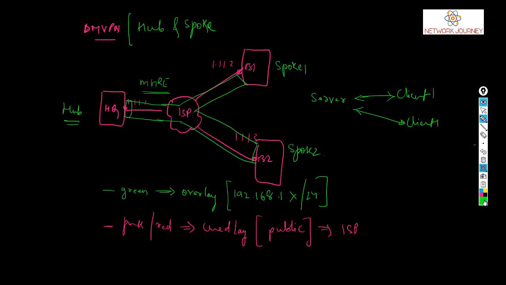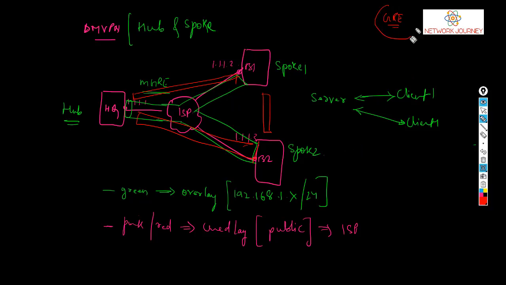What would be the scenario if I would have preferred the normal GRE tunnel? It would have been basically a point to point connection between all of them. You can see here I have 3 campuses, so I have 3 point to point GRE tunnels.